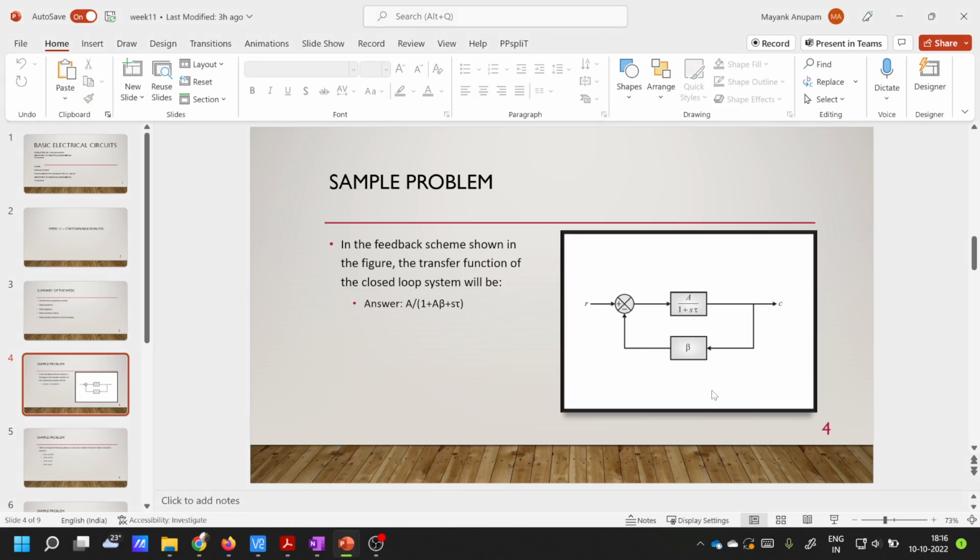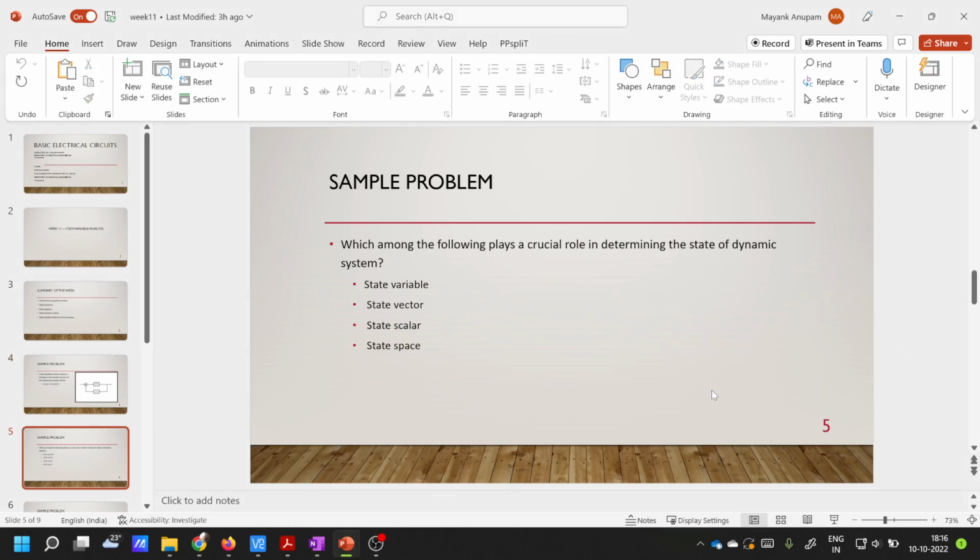Yeah. Next question. Which among the following plays a crucial role in determining the state of the dynamic system? Any volunteers for an answer here?